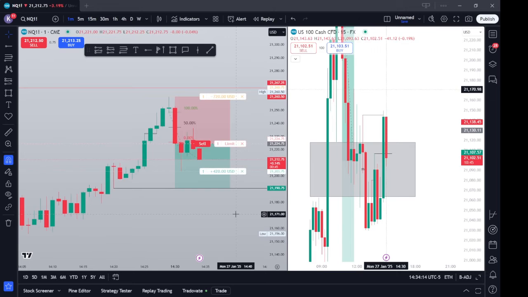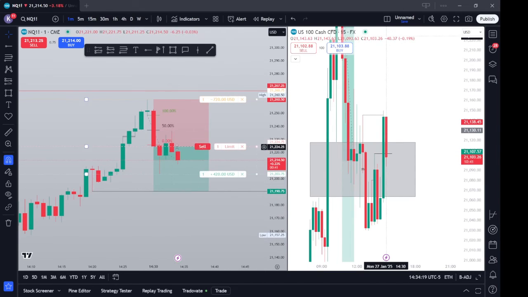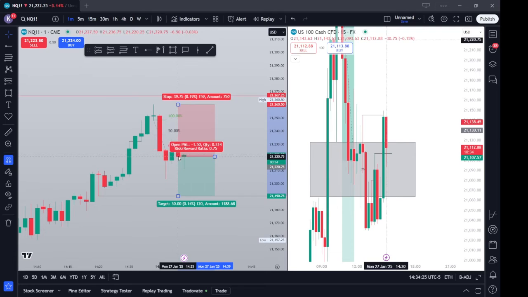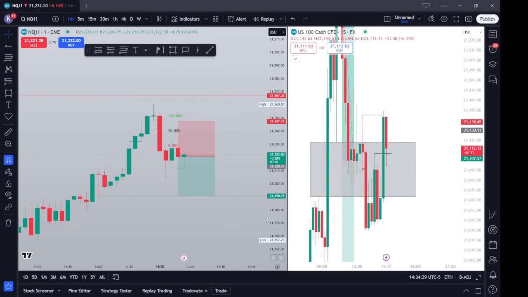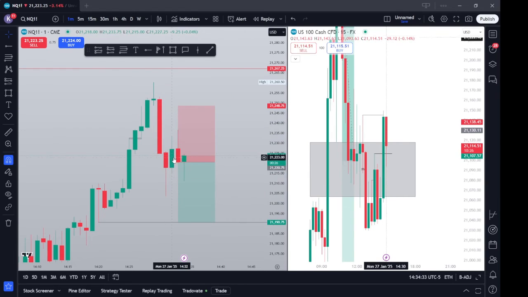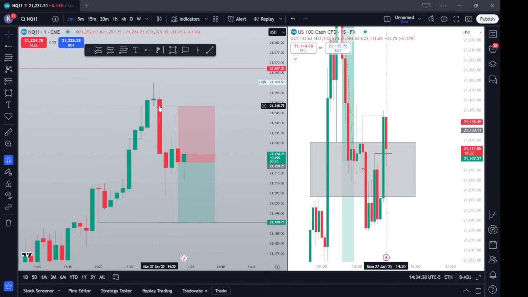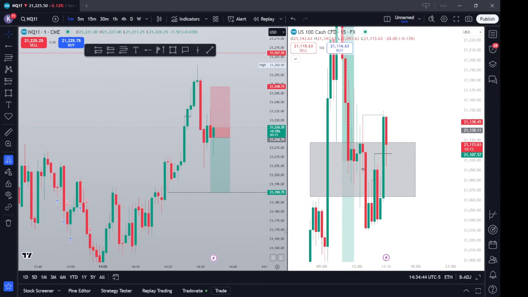When you look at these things percentage wise, it's actually really, really nice. So based off of what's happening, if price decides to follow suit, according to the concepts, price should respect this fair value gap because it respected it. So if it goes up, it's gonna keep going up anyway, which is why we put our stop loss right here. And our take profit is down here at the 5 minute gap.